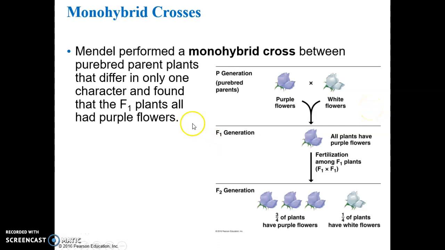So continuing, this is a monohybrid cross because it was a cross examining only one characteristic.